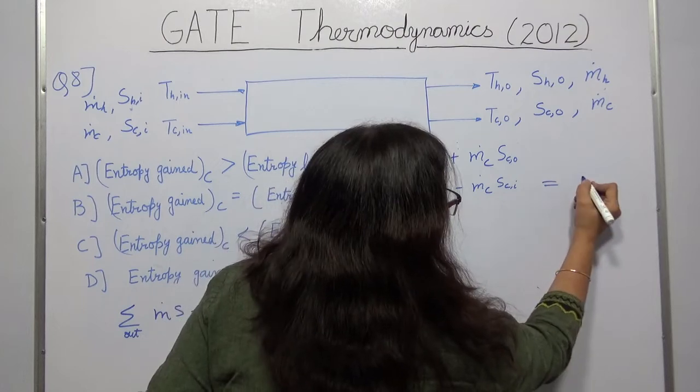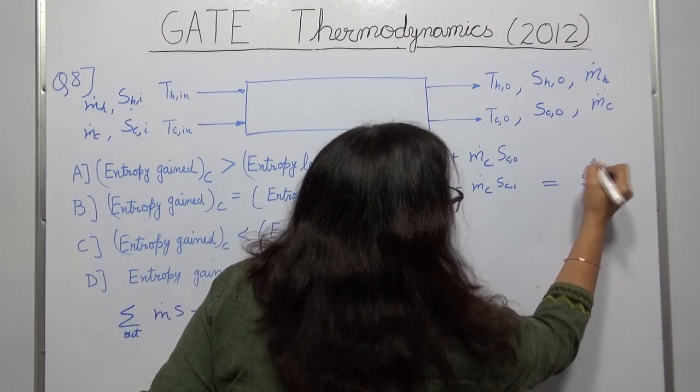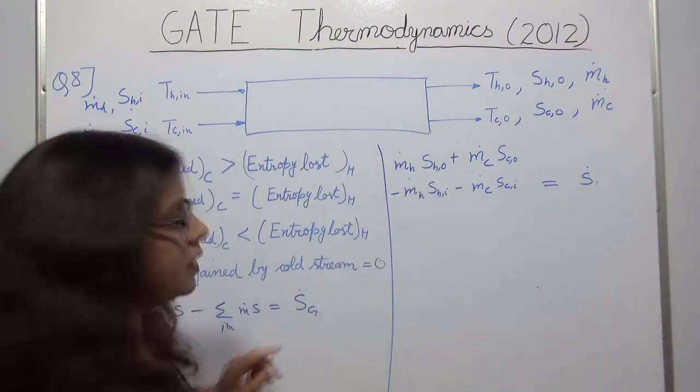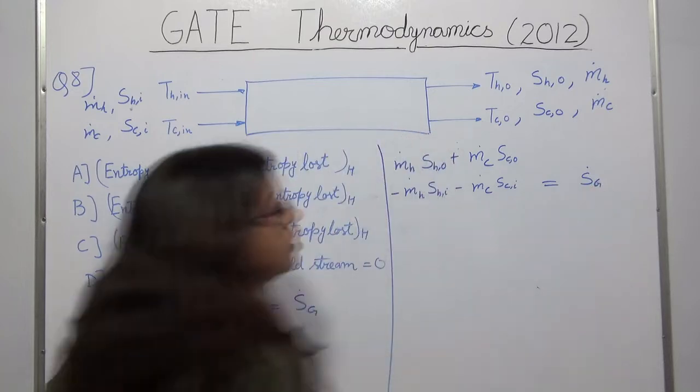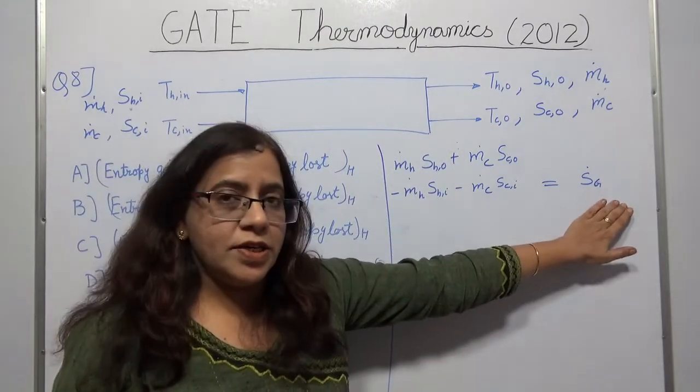And this thing should be equal to your entropy which is generated, S_G.